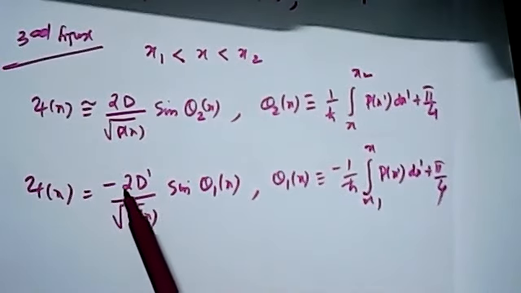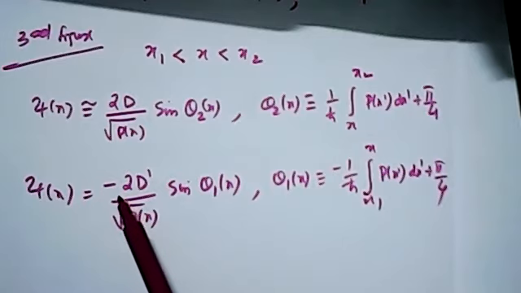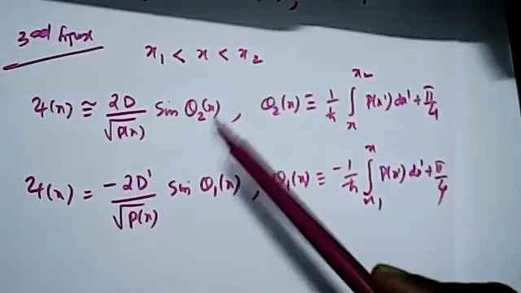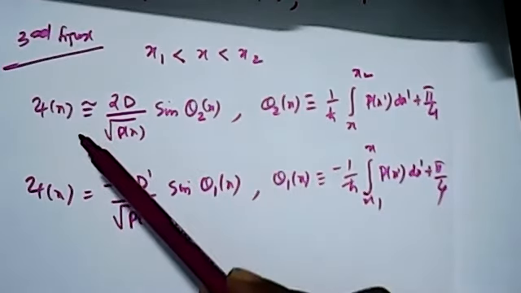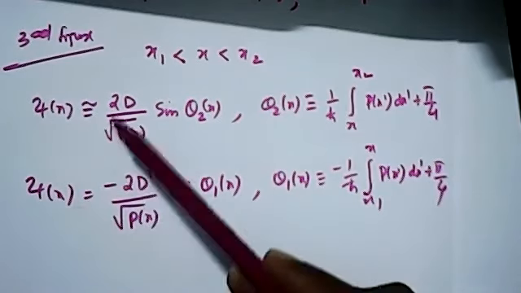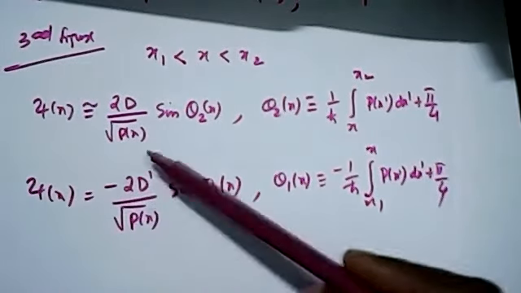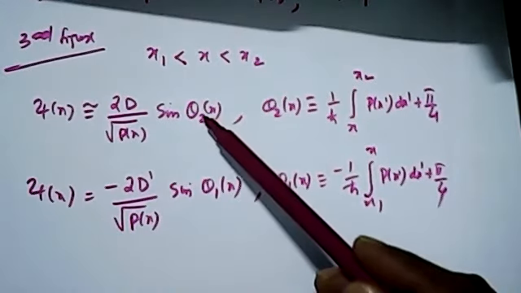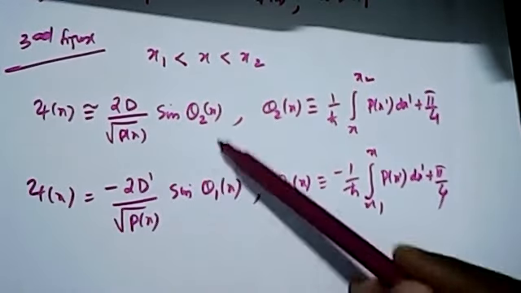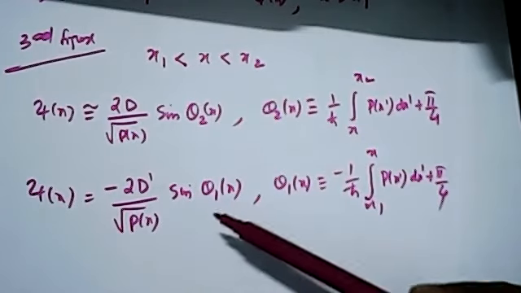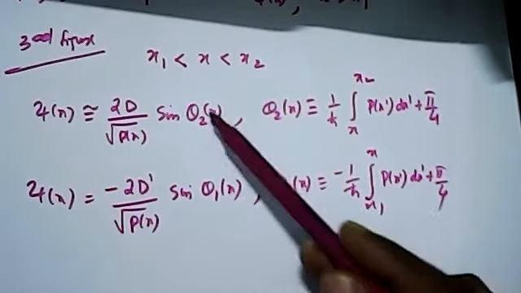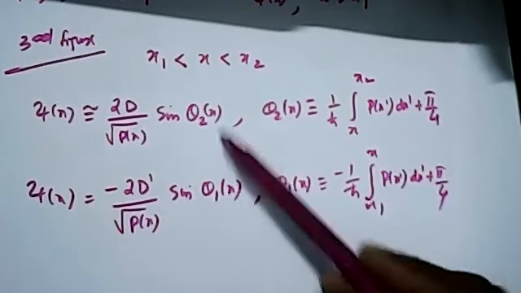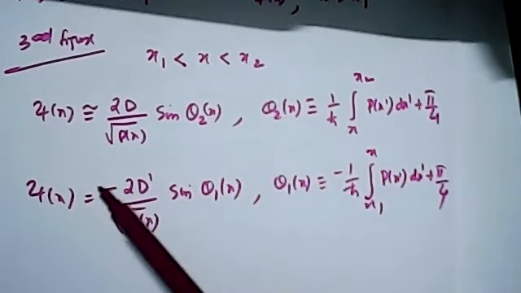Okay. So these should match with each other. For that, this theta 2 and theta 1 should be equal. The arguments of sine should be equal, then only these will match each other.